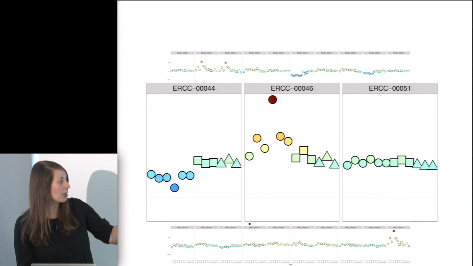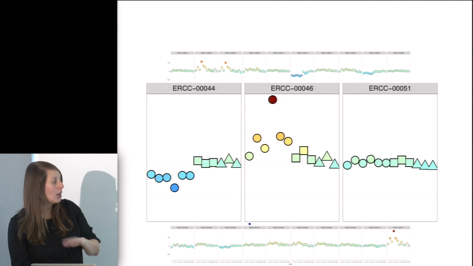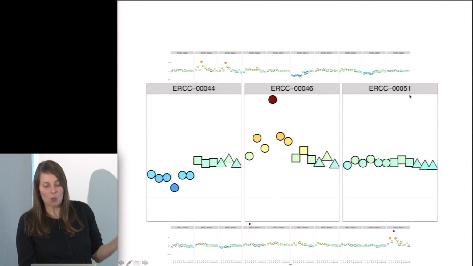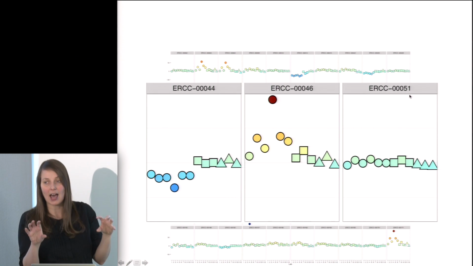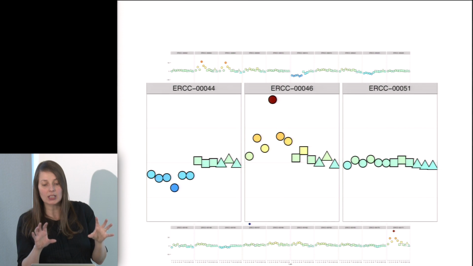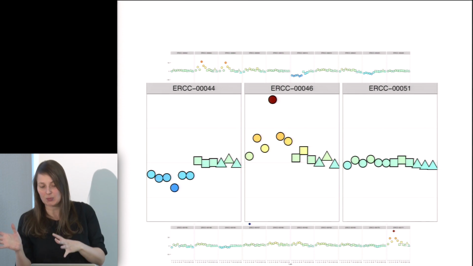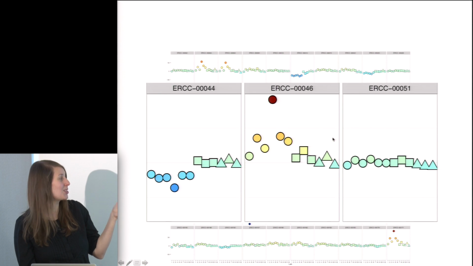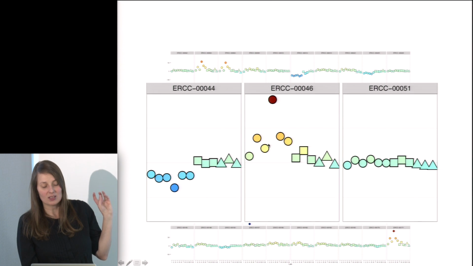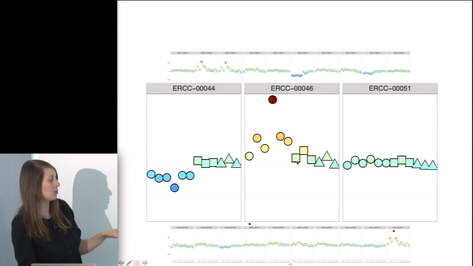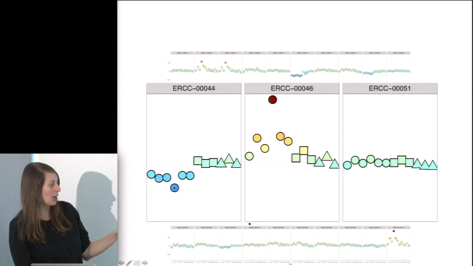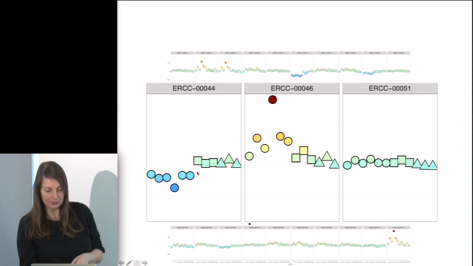So for example, here, looking at these particular controls, we have ERCC number 51, which didn't have dramatic differences between the different mRNA enrichment protocols. But then ERCC 46 and 44 clearly had specific effects produced because of the poly-A selection process that was used in labs 1 through 6, which are shown here from left to right, the circles.